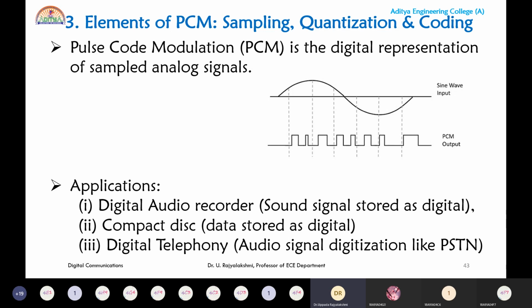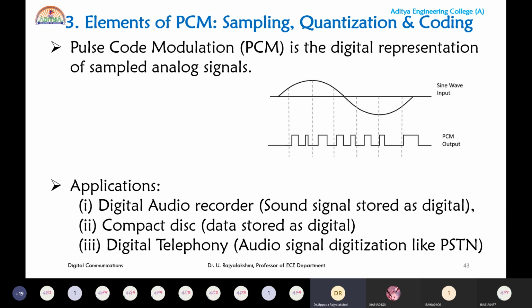So the message signal is analog in nature, and that analog component is converted into a digital sequence with the help of the pulse code modulation technique. So what is the input to the PCM? Analog signal. What is the output? Encoded data sequence.